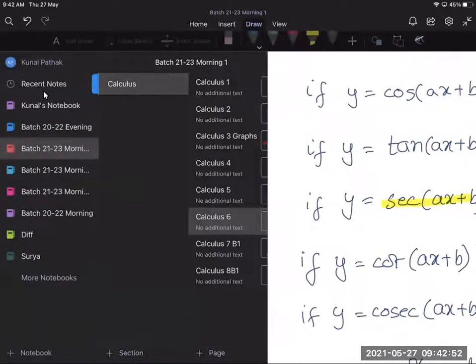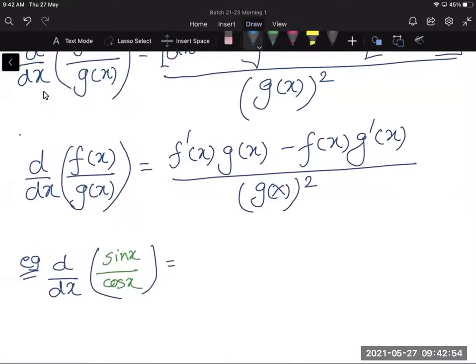So we know the answer should come out to be sec square x. So let me try this. d by dx of sin x. Won't that become sin x by cos x? Won't it become tan x?